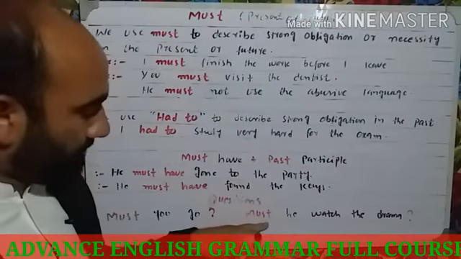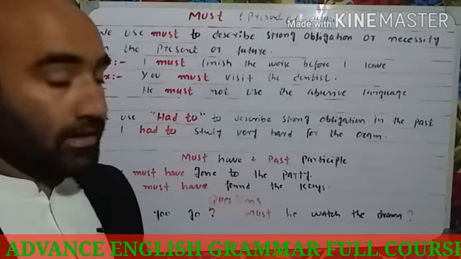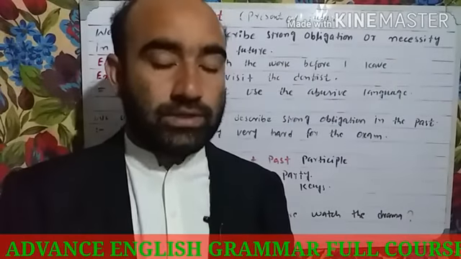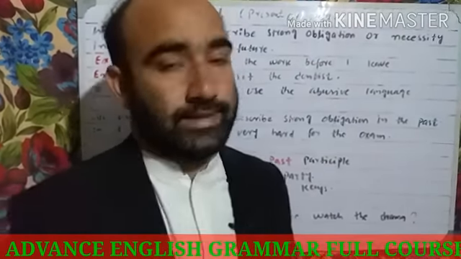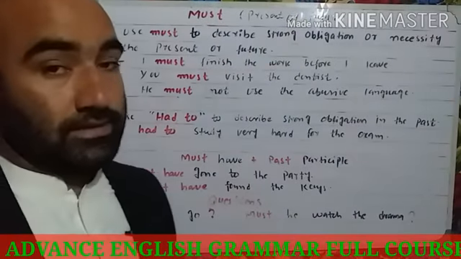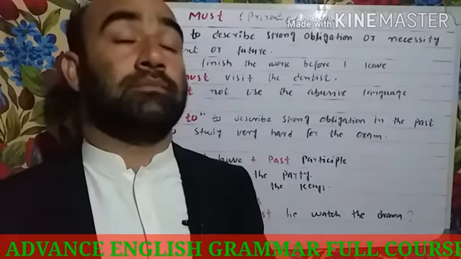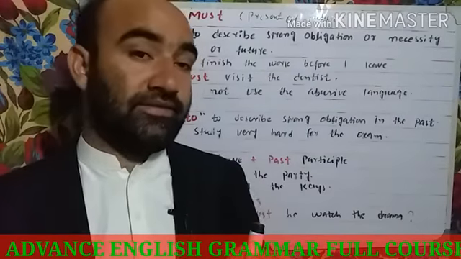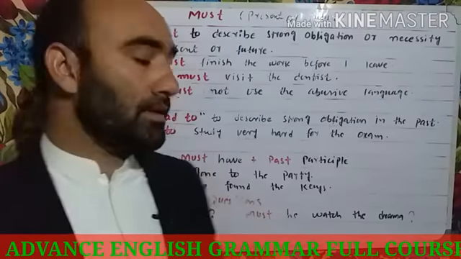The must we put at the start of the sentence. At the beginning of the sentence, we use must for making the question. So this is grammatically correct. There is no confusion. But mostly the people do not prefer must.